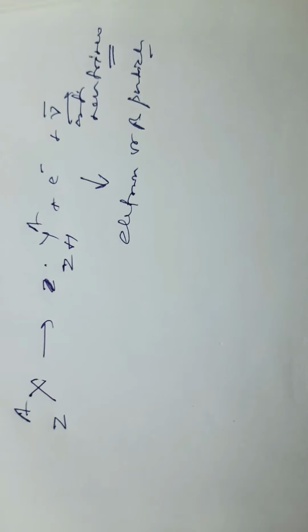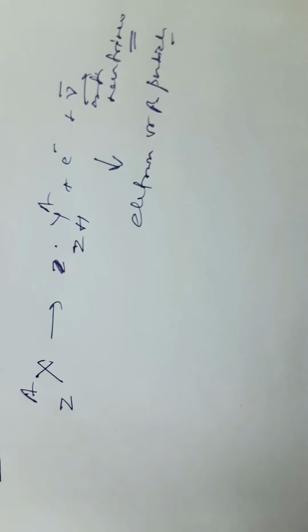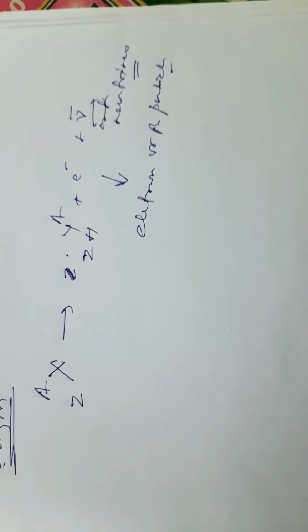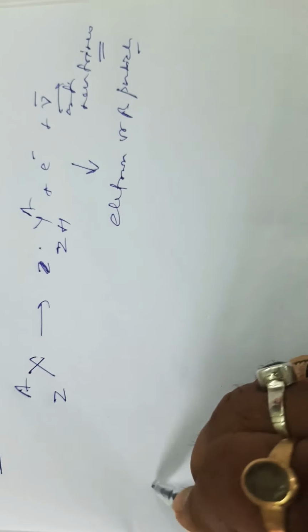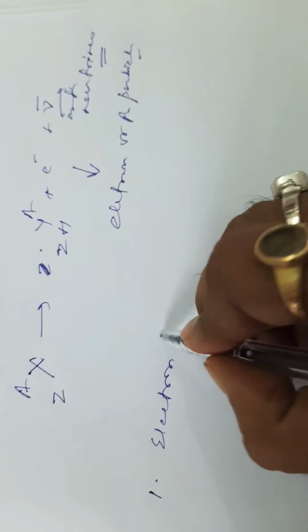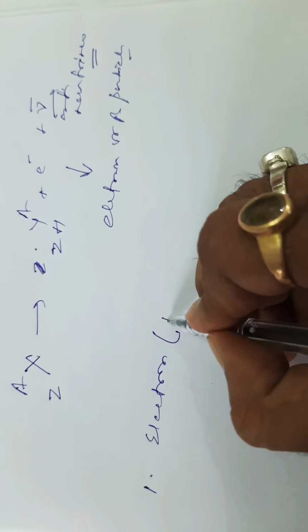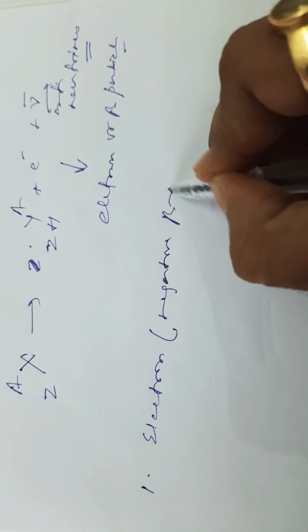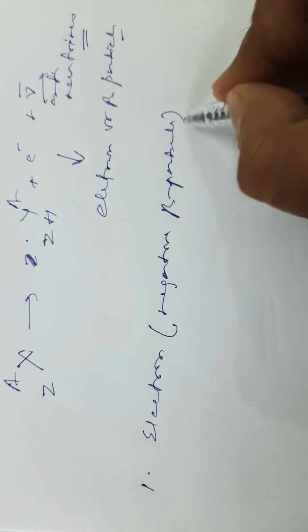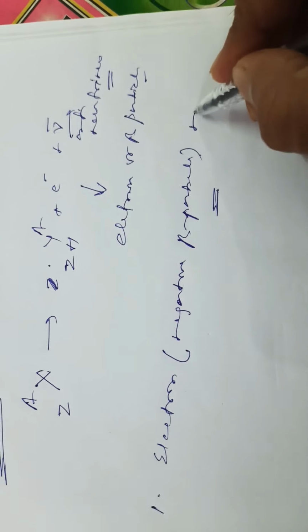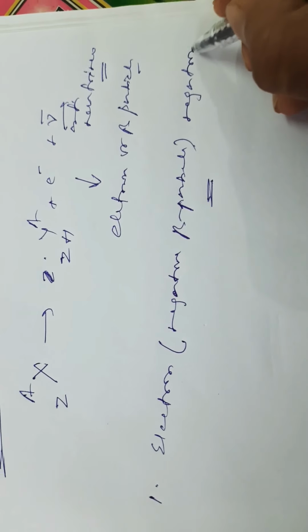Now, basically there are three processes of beta decay. Number one is electron emission, or negative beta particle decay, called negatron emission.